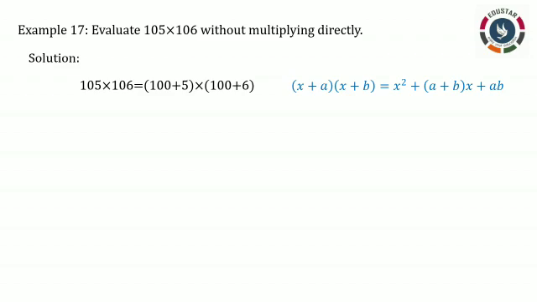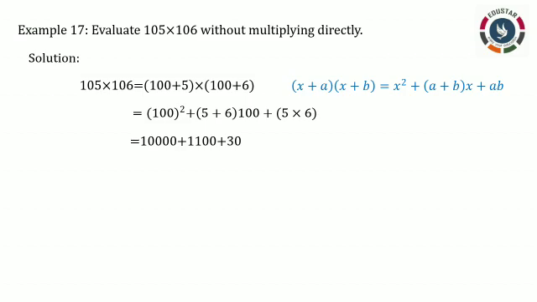So, (x plus a) into (x plus b) is equal to x square plus (a plus b) into x plus ab. We are just going to substitute the x value, a value and b value. On substituting, we will get 100 square plus (5 plus 6) into 100 plus 5 into 6. Now, what is 100 square? 10,000.